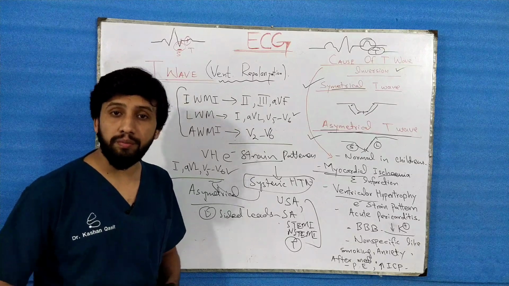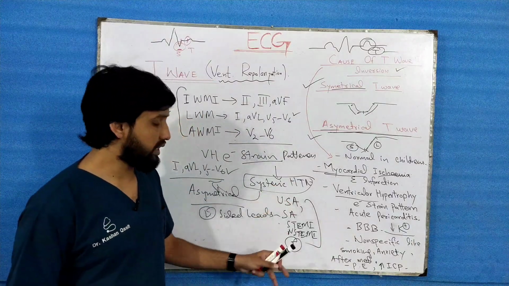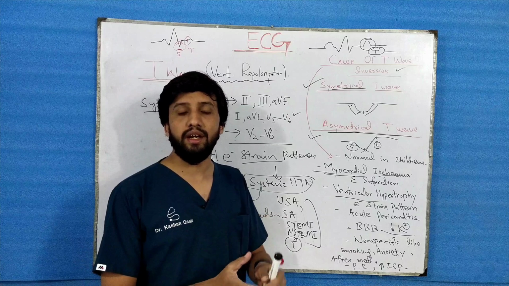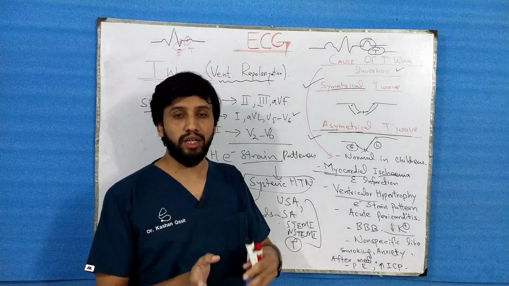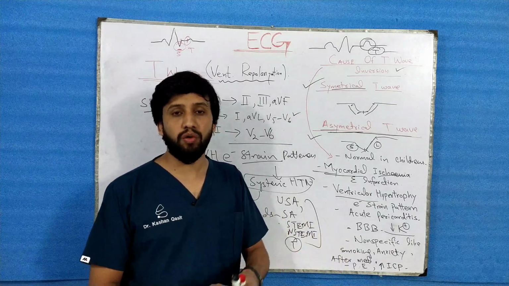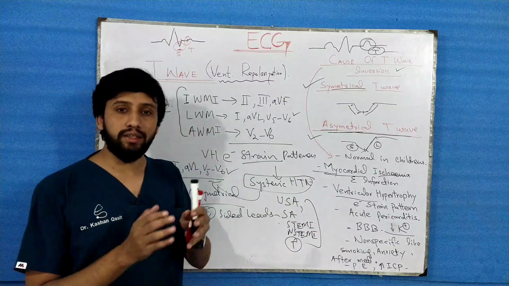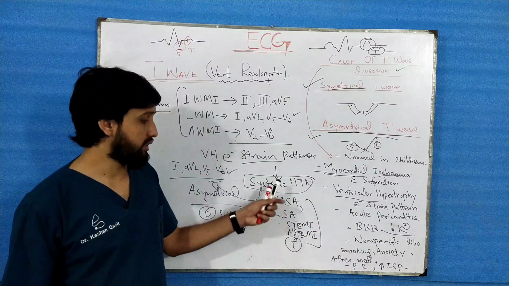So how to differentiate between all these conditions? You have to get some history, investigation and also the ECG or serial ECG, so that you will get the clear picture regarding all these conditions.